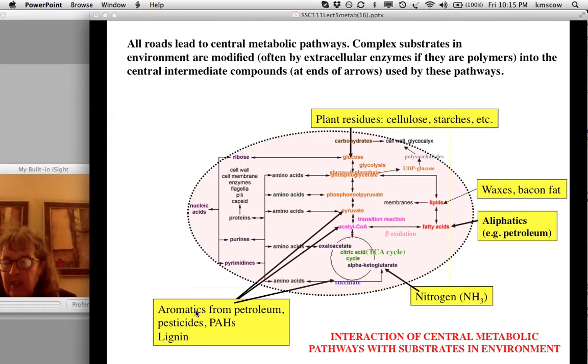Even though there's tremendous diversity of aromatics out in the environment, they are just going to be modified, like snip off that thing that's hanging off the ring, or modify the constituents so that they can flow into these several aromatic pathways that are going to produce either pyruvate or acetyl-CoA or succinate, which then will also flow right into the TCA cycle, or produce products that are upstream from it that will then flow down into the TCA cycle. And you can just see already how energy is going to be acquired and anabolism is going to occur.